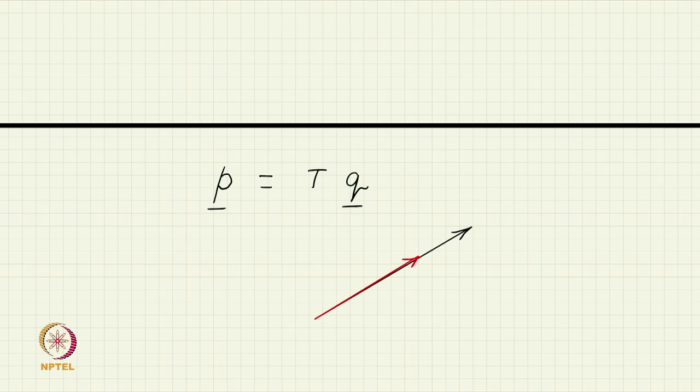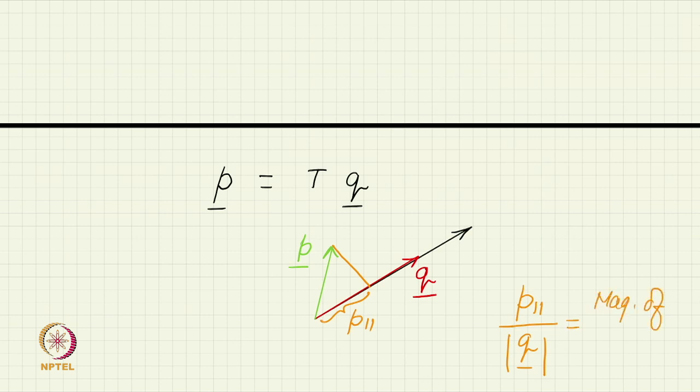So, if the black is the direction of interest, we apply q in that direction, p will be generated in some other direction based on the tensor, and then we take the projection of P, that is P parallel, and define the tensor property in the black direction of our interest as P parallel by the magnitude of Q. This is the magnitude of tensor property in the direction of interest.